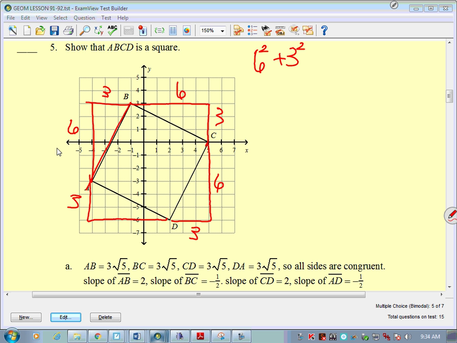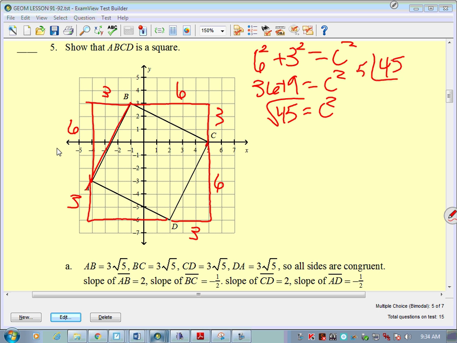6 squared plus 3 squared equals c squared. We got 36 plus 9. We got 45. We got the square root of 45. You know, you could break that down. 45 is what, 5 and 9, 3 and 3.